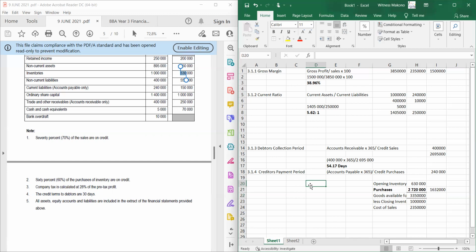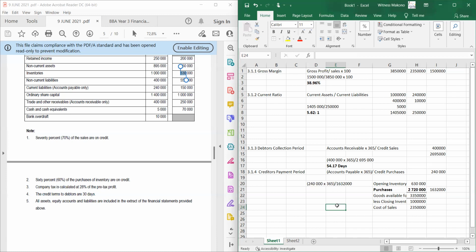So your accounts payable is equal to 240,000 times 365 divided by your credit purchases, which is 1,632,000.